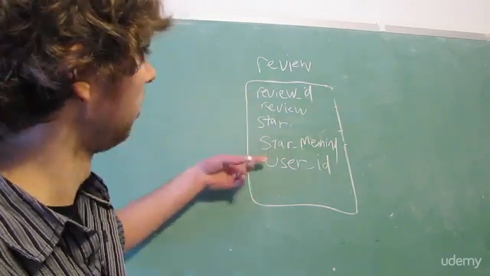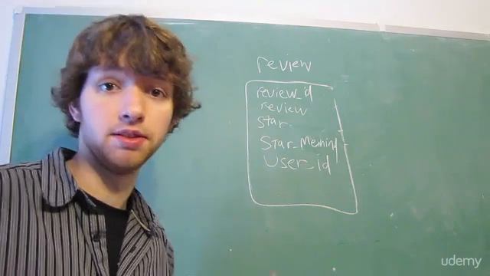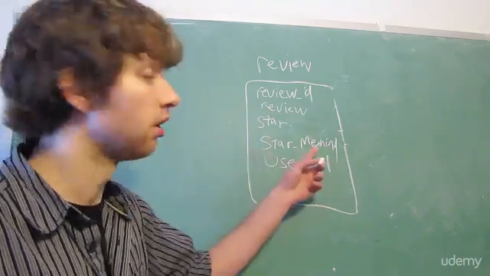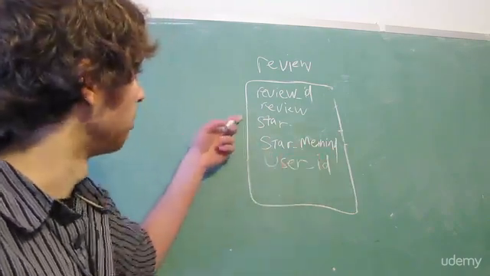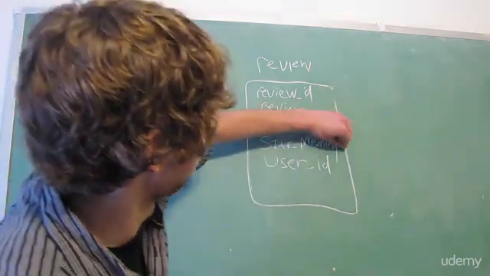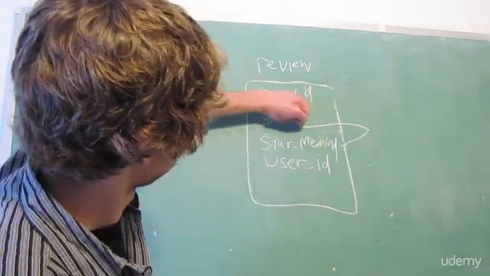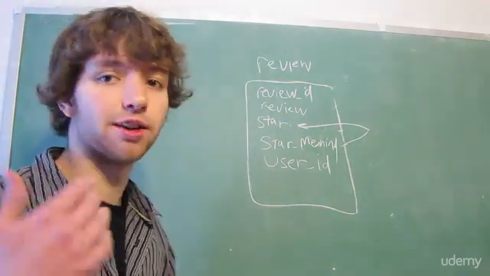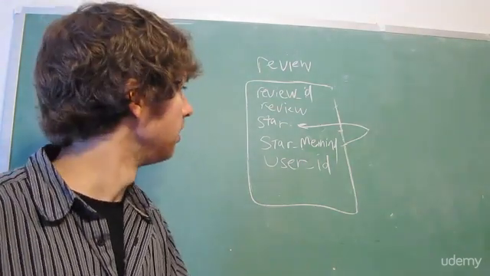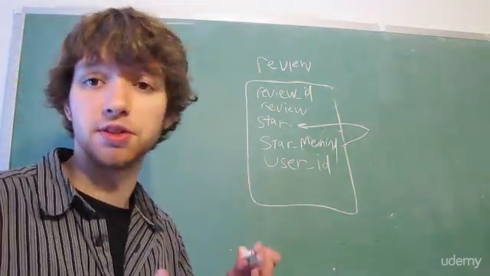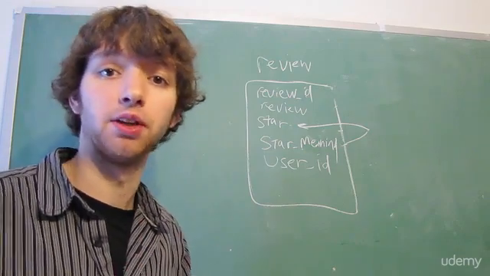We have an issue. This is what's known as a transitive dependency, because the star meaning depends upon the star. And a way you can try to figure out if it depends on it is, okay, if we change the star, is the star meaning going to change?